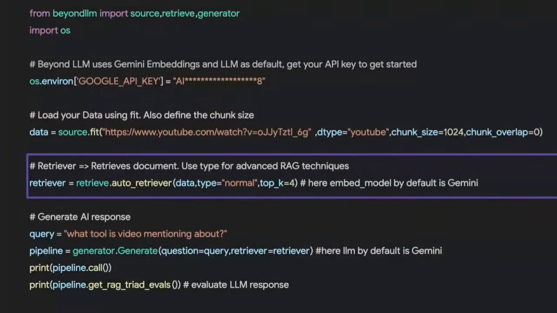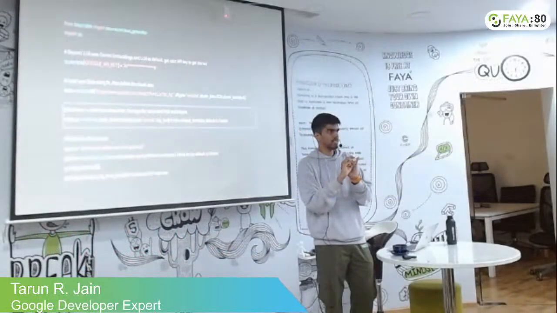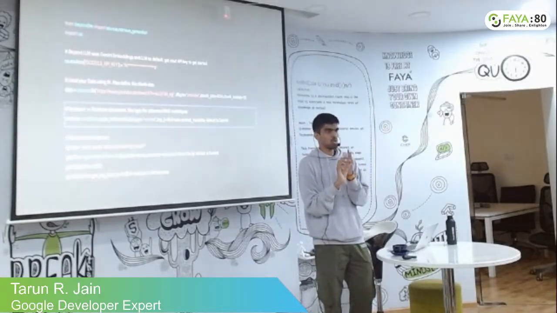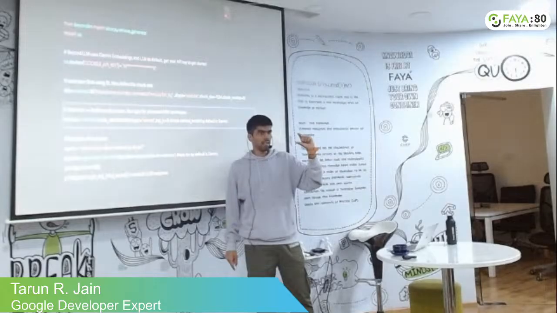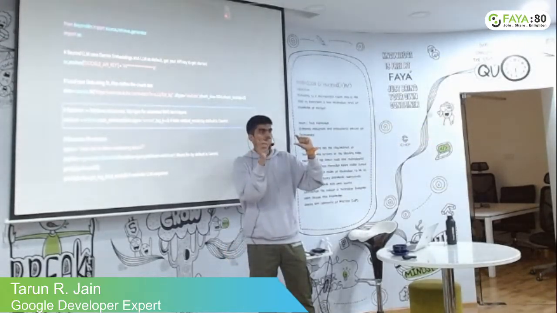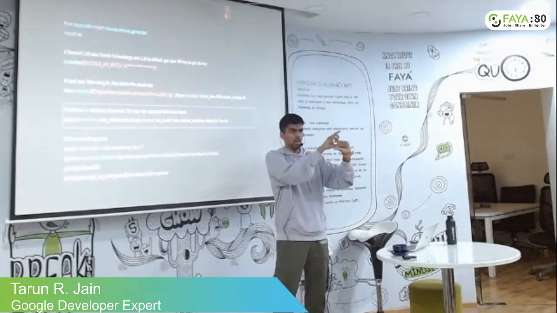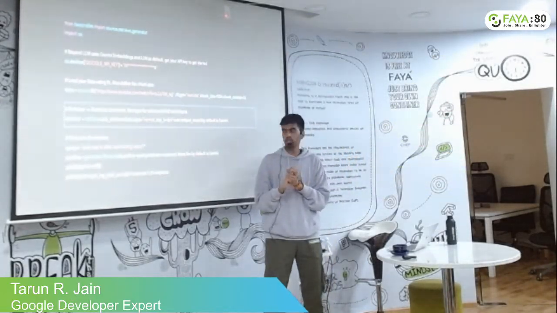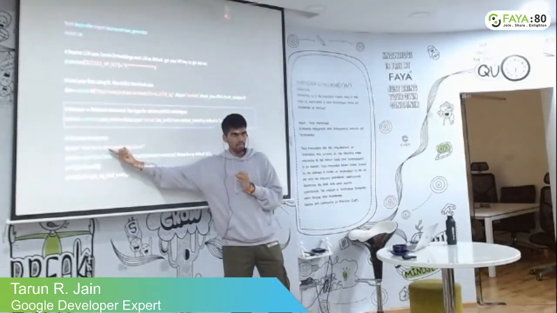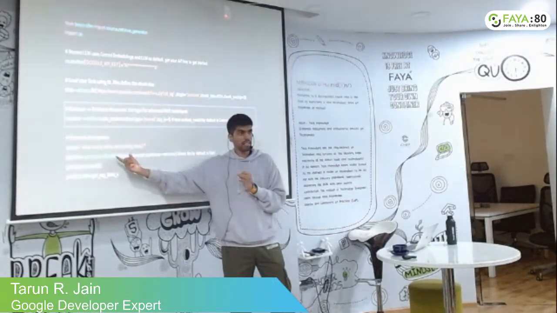Triad is in the sense we have context relevancy, we have answer relevancy, we have groundedness. Context relevancy is nothing but whatever four documents you are getting, how is your LLM response matching with your context. Answer relevancy is whatever question you have and whatever response you get, are they relevant?